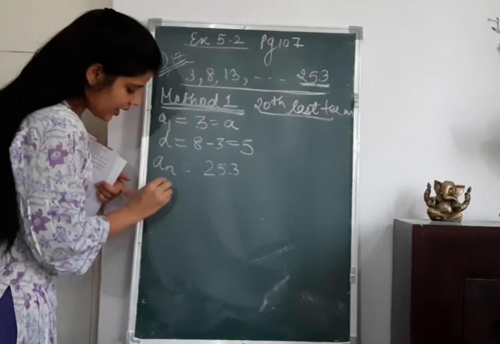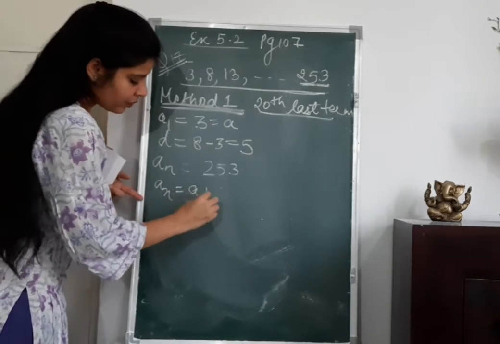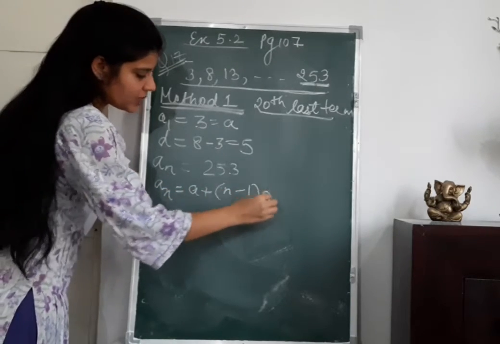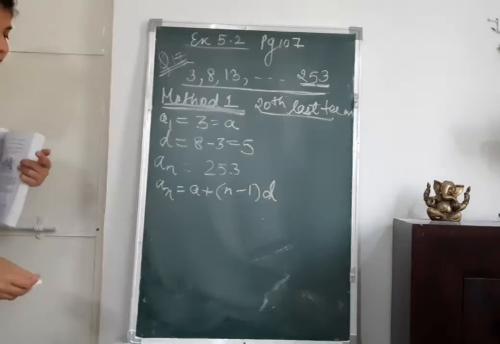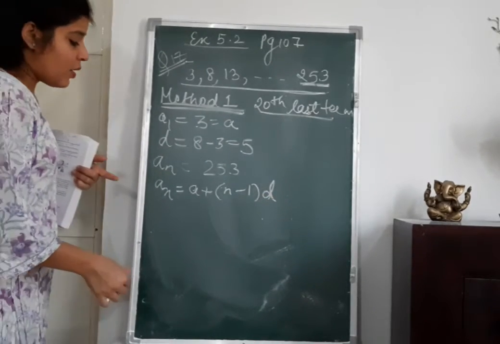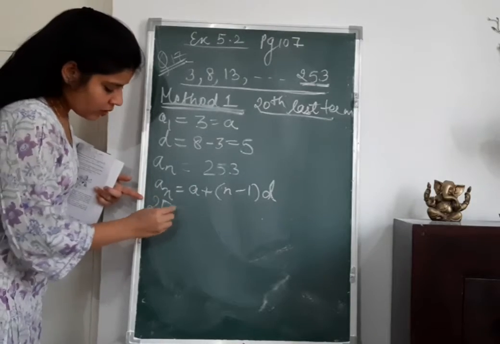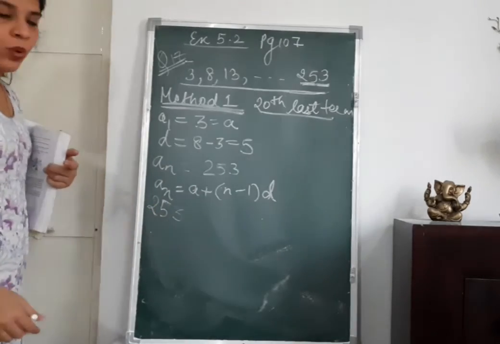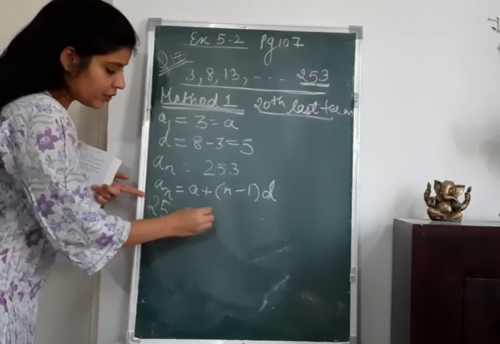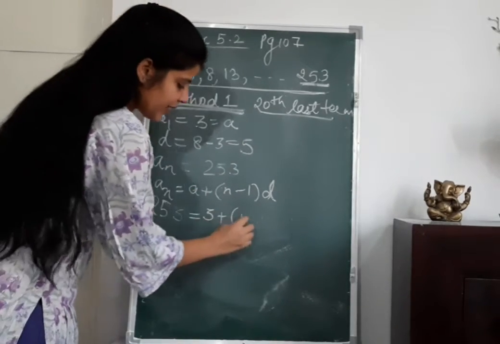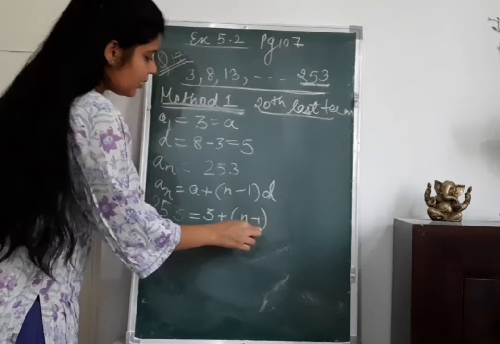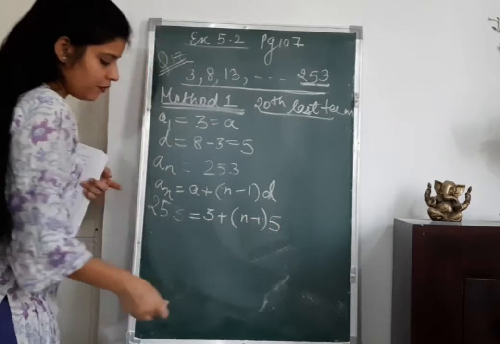Now, a_n is equal to a plus n minus 1 into d. And a_n is equal to 253. The value of a is 3, plus n minus 1, d is equal to 5.